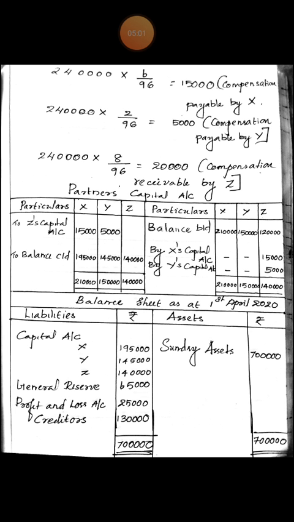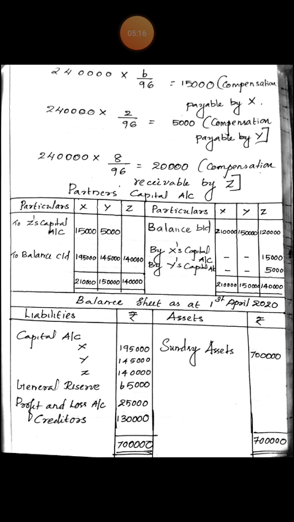In this case, X and Y are the gaining partners. So the capital accounts of X and Y are debited, and Z is the sacrificing partner, so his capital account is credited.